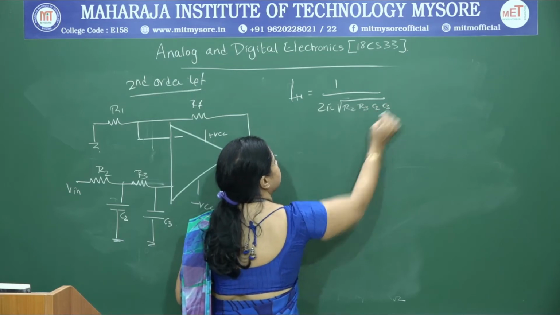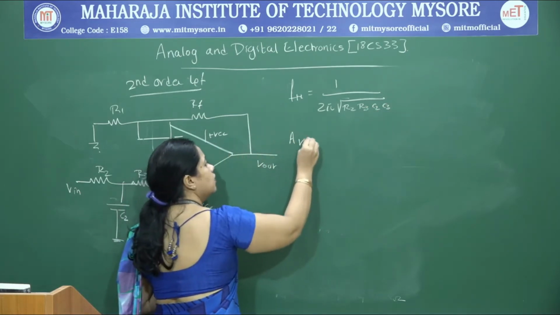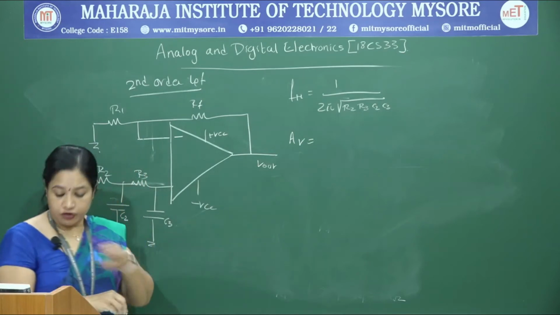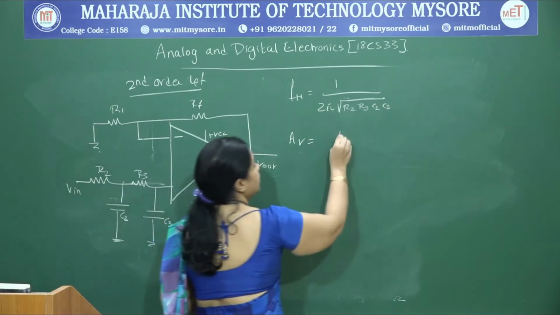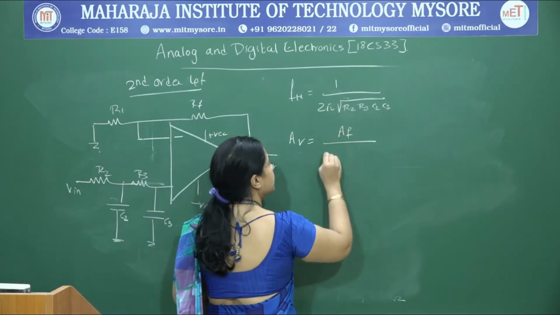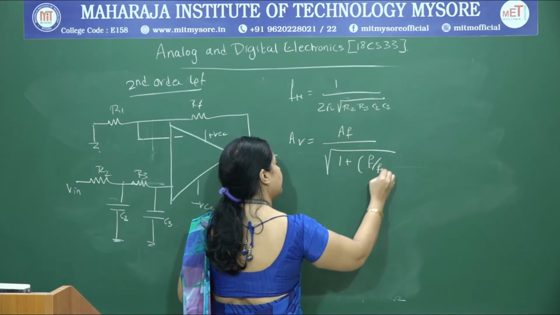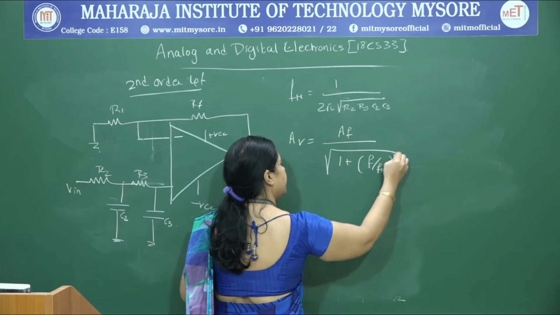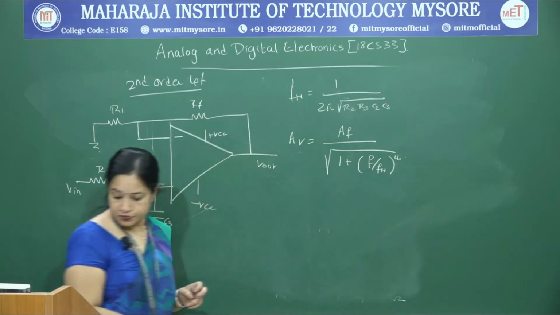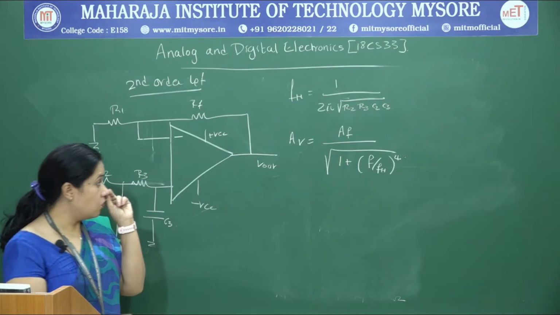Coming to the gain, voltage gain in terms of feedback gain is AF by square root of 1 plus F by FH to the power of 4. This is the expression for your voltage gain.